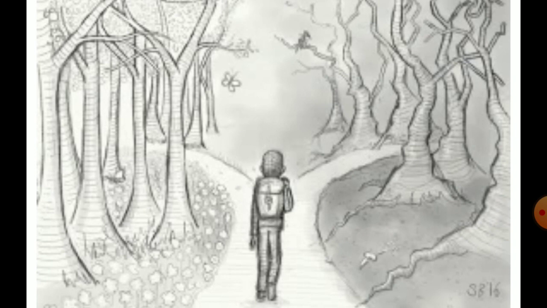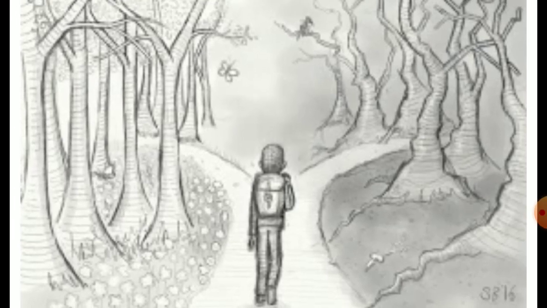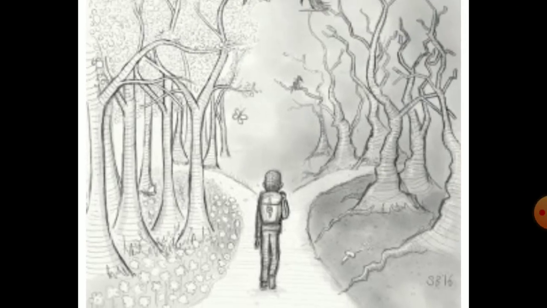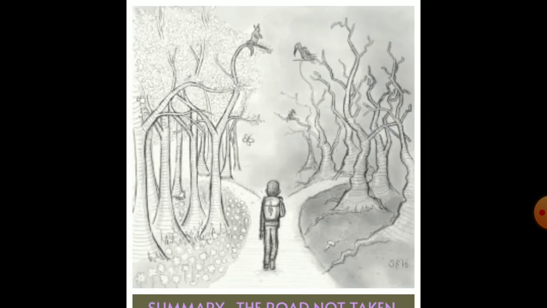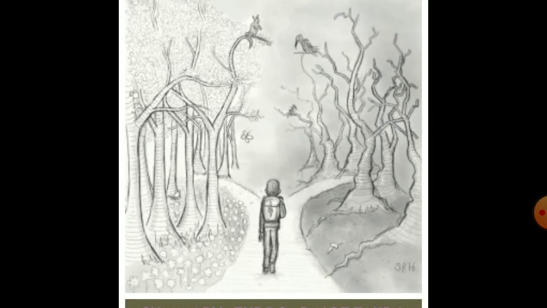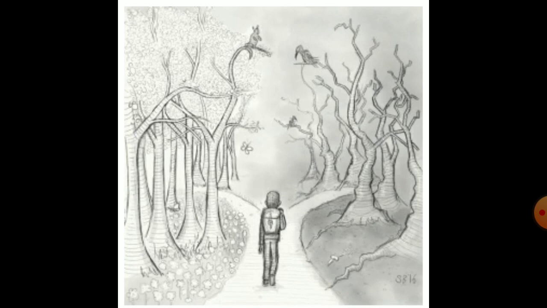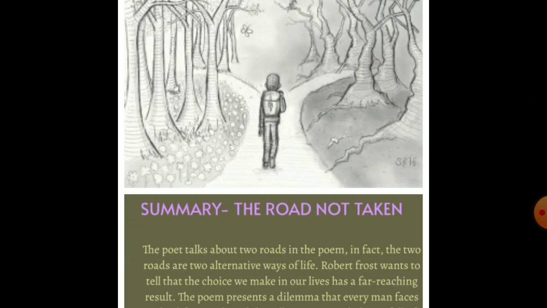Now at last we discuss the summary of this poem. So I request all students, first draw a very nice portrait at the start, then note down the summary.